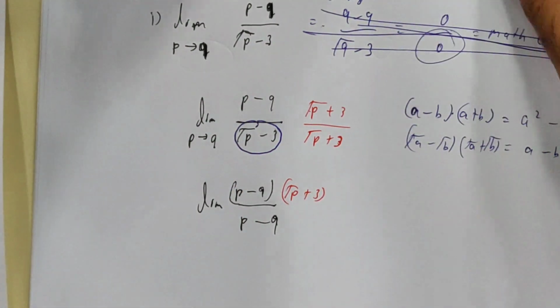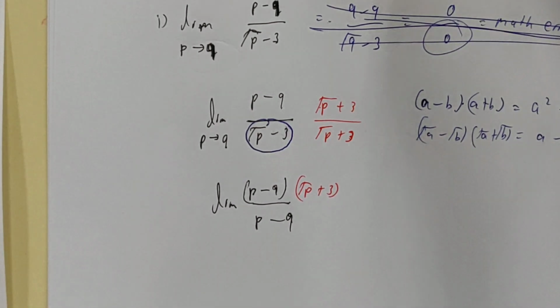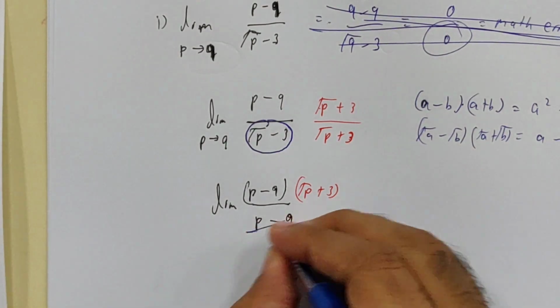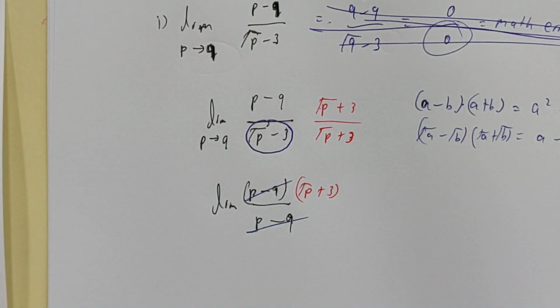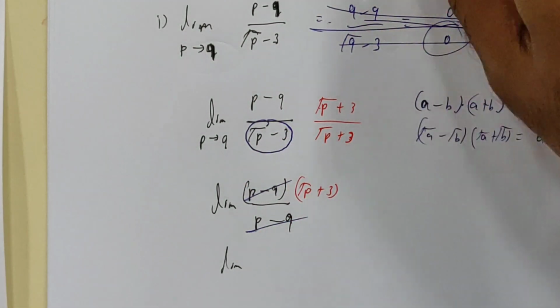What can you do now? You have factorize, you have conjugate, you only expand the conjugating part. So what should you do next? Simplify. Simplify is a must. Can I simplify things out here? P minus 9, P minus 9. So what happens next?